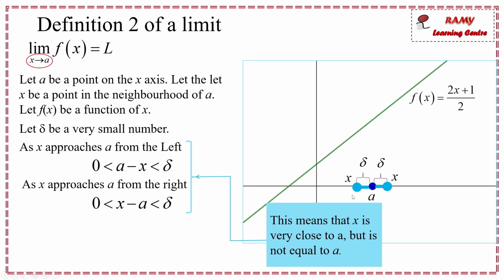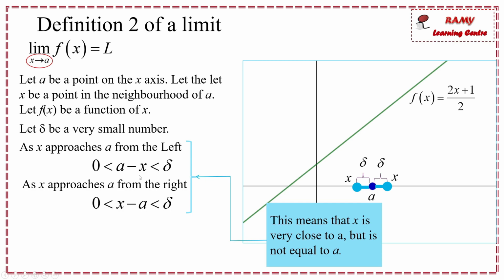This means that x is very close to a, but it's not equal to a. For if a minus x is equal to 0, then x is equal to a. This means that x and a are different points. So it is a very small length, a minus x and x minus a. They are very small lengths, which is less than delta.